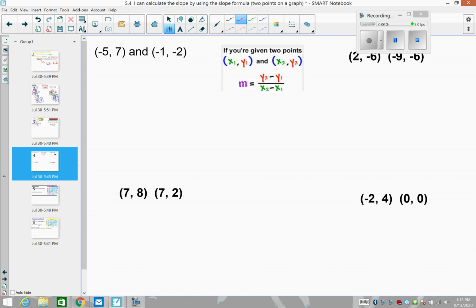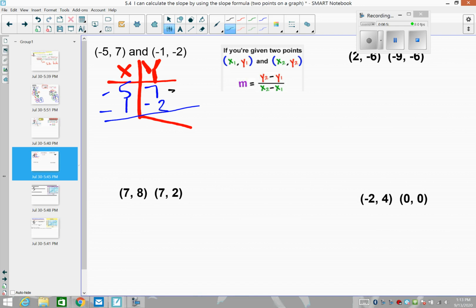All right. So we set up our table, and we're going to make our fraction down here. In our table, we have negative 5, 7, and negative 1, negative 2. And we're going to subtract. We do our y's first. So we have 7 minus negative 2 is 9.